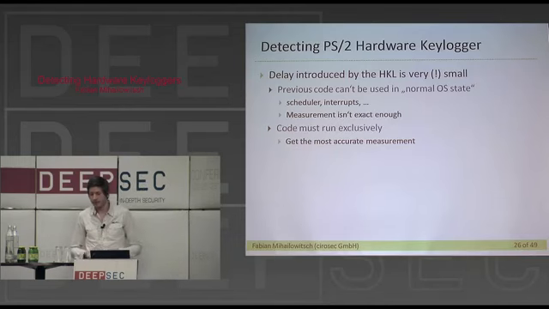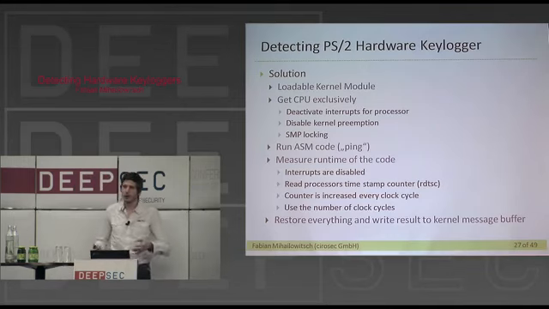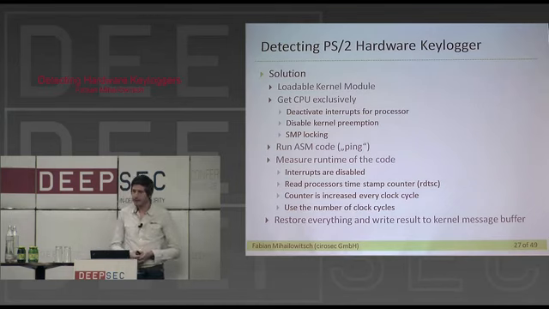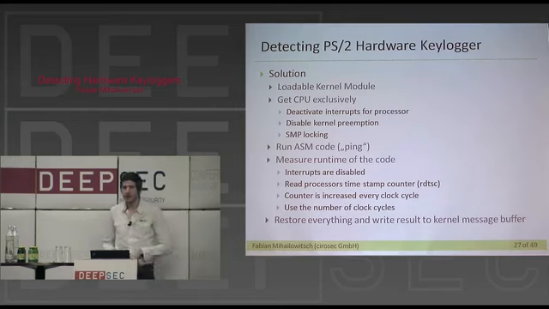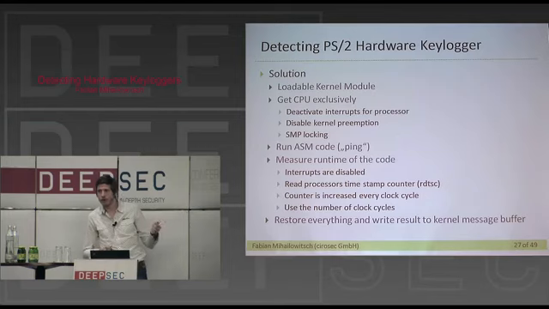So I wrote a small loadable kernel module for Linux and tried to get the CPU exclusively. Therefore, I disabled kernel preemption, I disabled interrupts for the processor, I got the big kernel lock, and all kinds of stuff just to get the CPU exclusively and then run my assembler checking code I showed you on the previous slide.